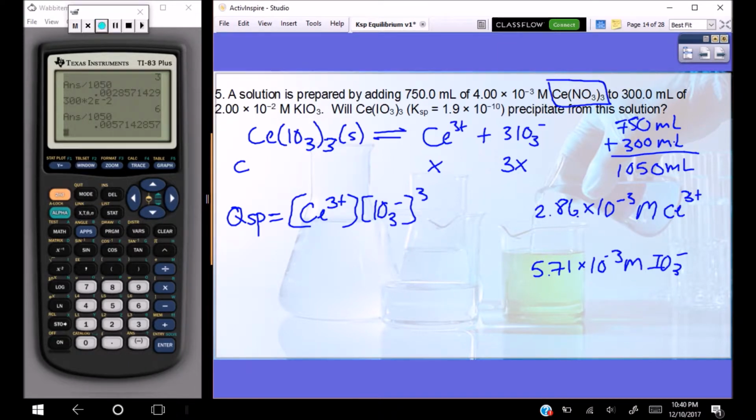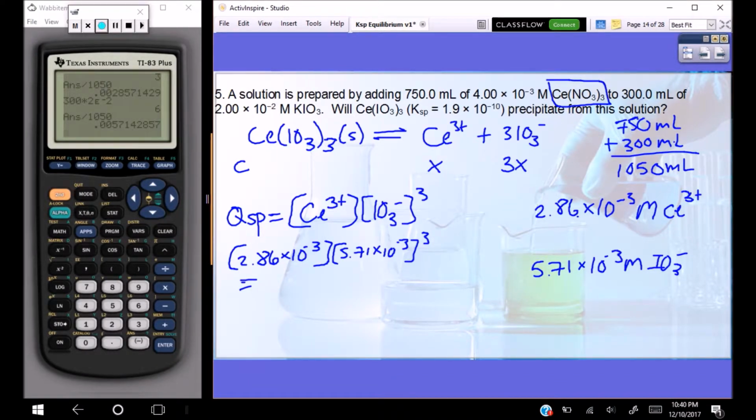So let's plug it in. I've got 2.86 times 10 to the negative third for cerium, and then I've got 5.71 times 10 to the negative third cubed, and let's see what this gives me.